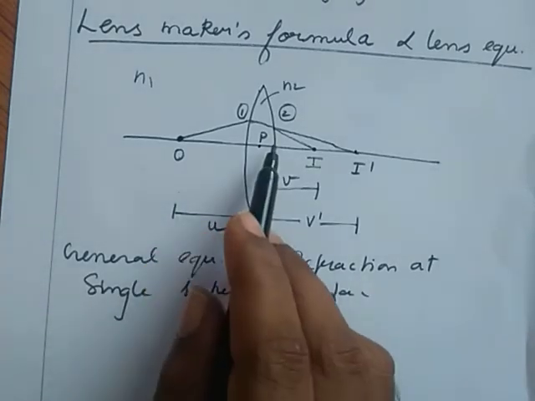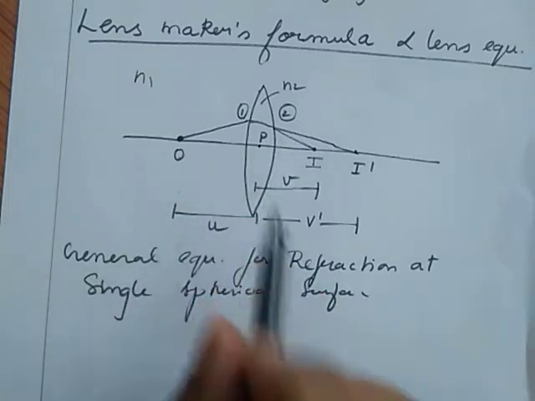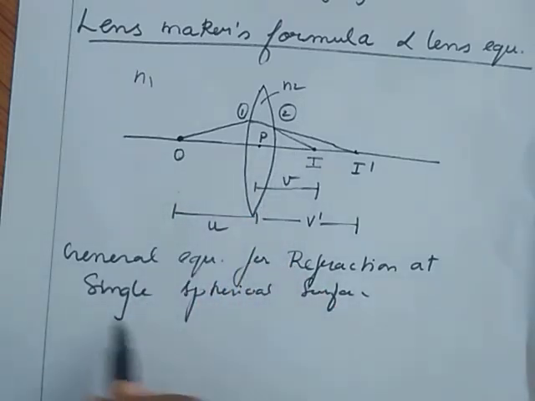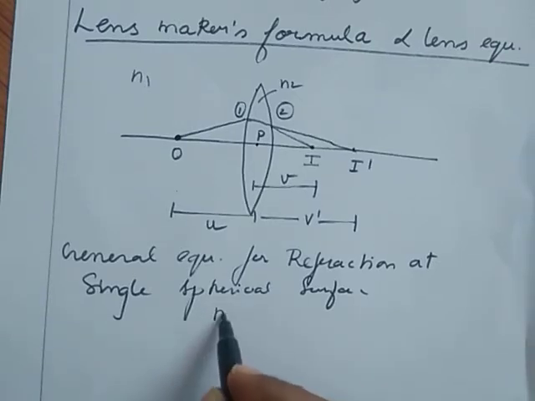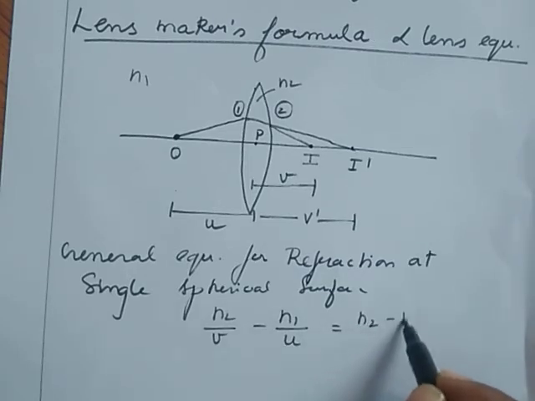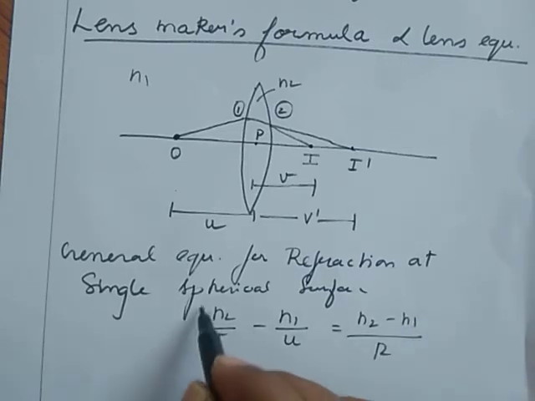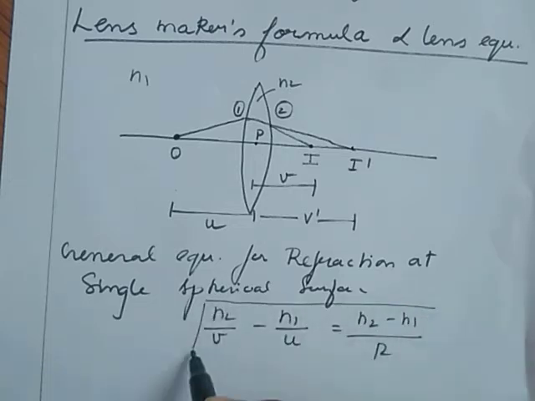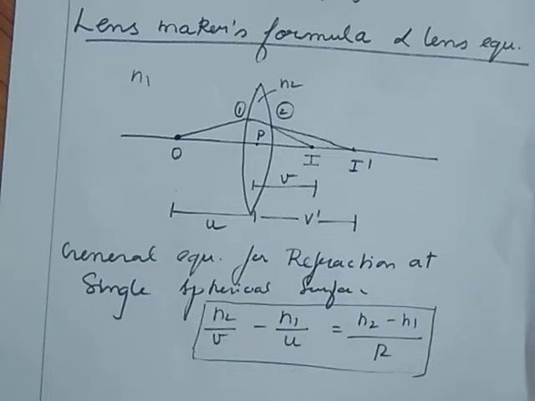There will be two refractions here. First we write the expression: n2 by v minus n1 by u is equal to n2 minus n1 by r. This is the general expression for refraction at a single spherical surface.